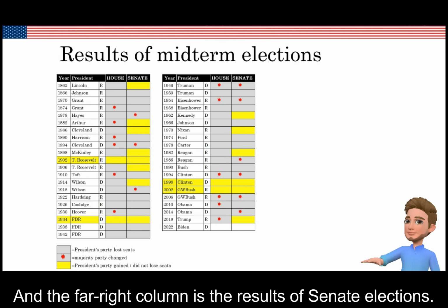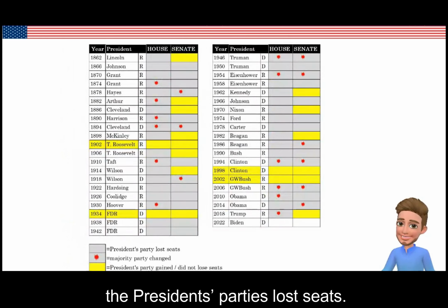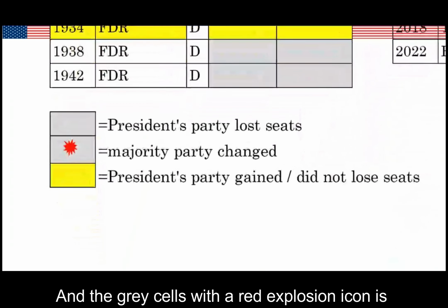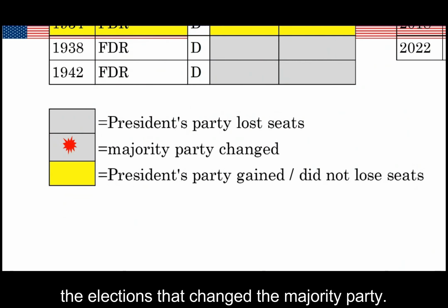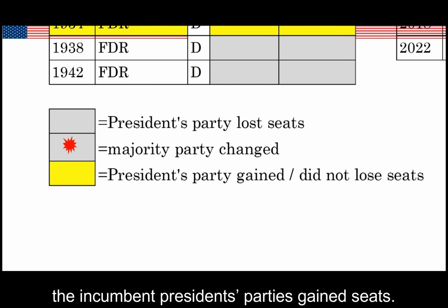And the far right column is the results of Senate elections. The gray cells are the elections in which the president's parties lost seats. And the gray cells with a red explosion icon are the elections that changed the majority party. The yellow cells are the elections in which the incumbent president's parties gained seats.